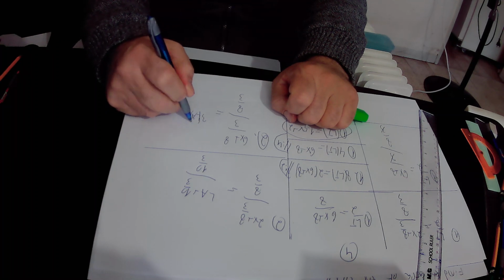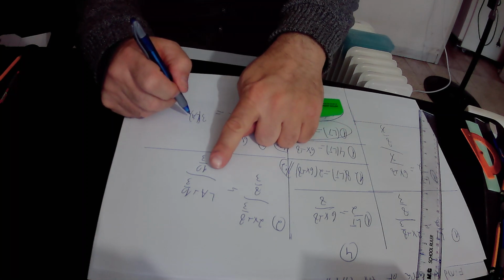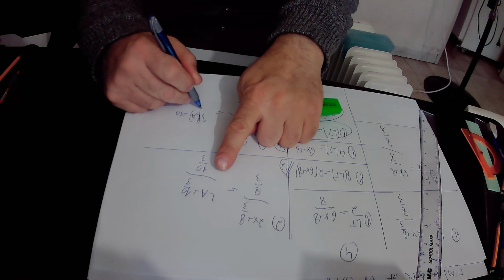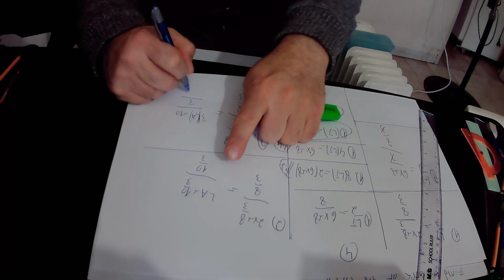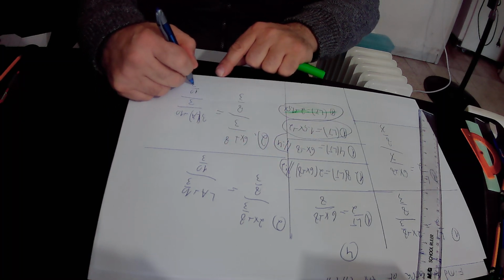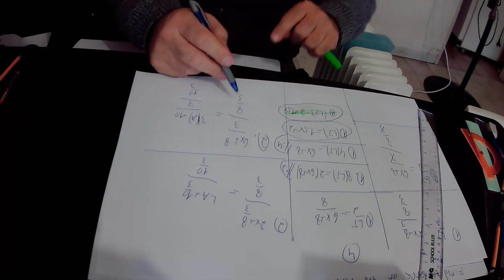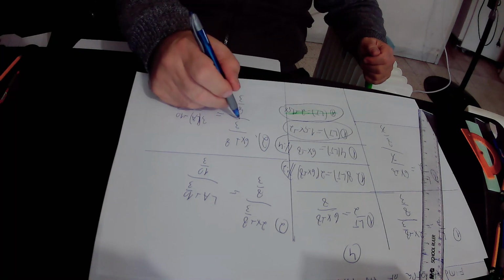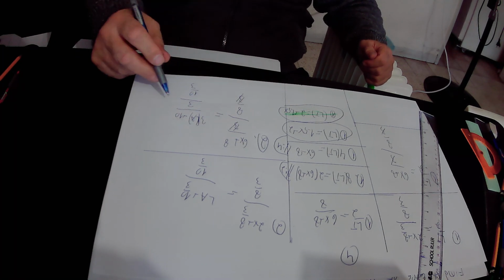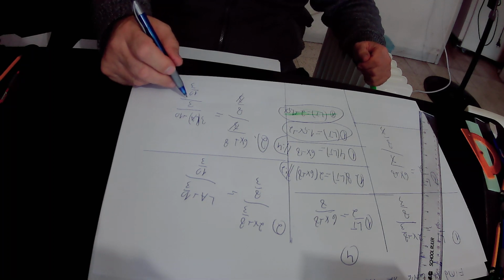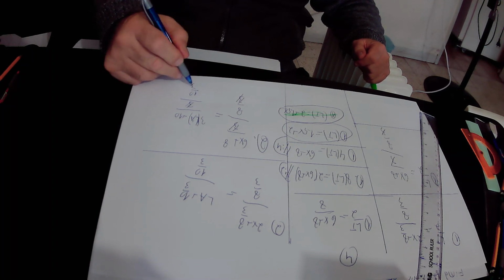So in total, in the numerator of this expression, we will have 3LA plus 10 over 3, and we have to divide it also by 10 over 3. So on this side of equation 2, we have 3 in the numerator and 3 in the denominator, so 3 will get cancelled. On the other side we also have 3 in the numerator and 3 in the denominator, so 3 also will get cancelled.